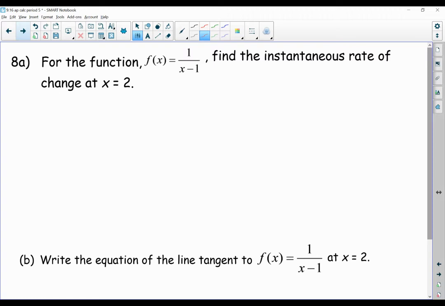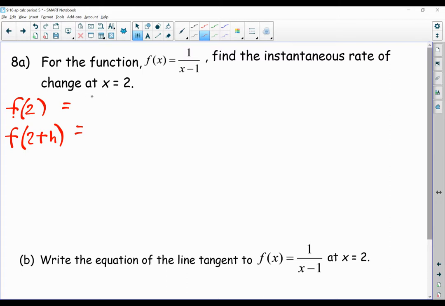So let's see, for the function f of x equals 1 over x minus 1, find the instantaneous rate of change at x equals 2. Okay, so I like to set this up. What I actually do is I'll go, what is f of 2 and what is f of 2 plus h? So I find those expressions to make my limit and my difference quotient a little bit easier.